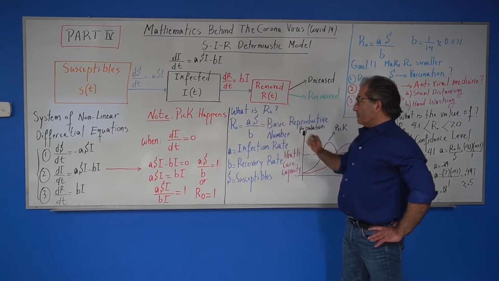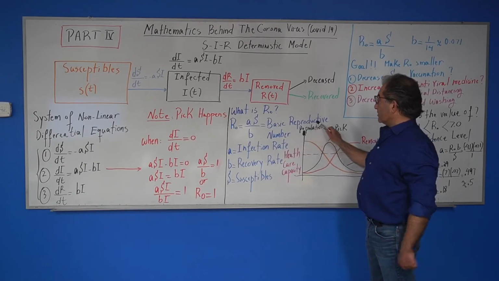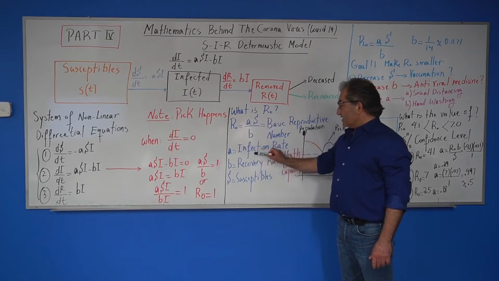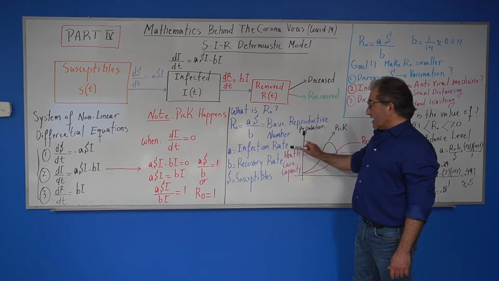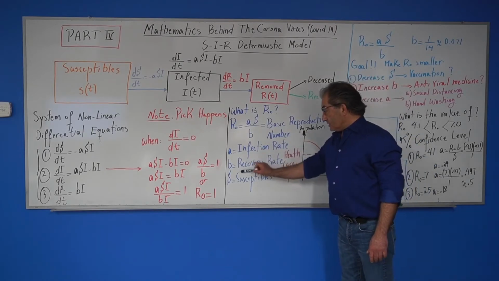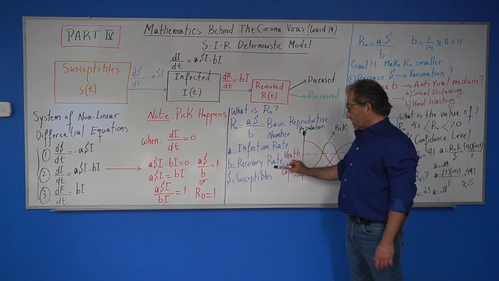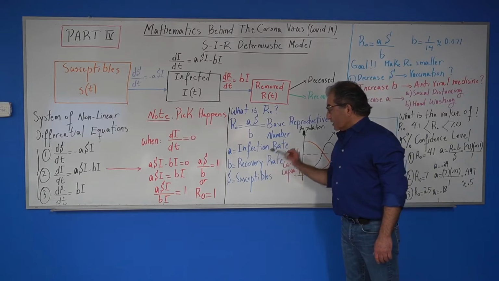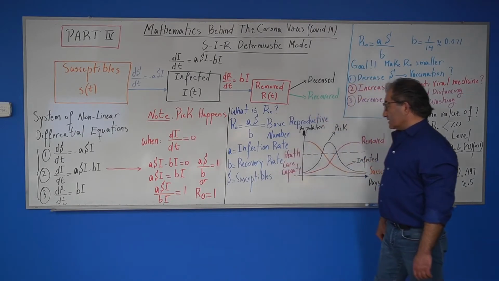That's the formula for R naught, and that's called the basic reproductive number. In here, A is the infection rate. I talked about it in my last lecture. B is the recovery rate. I talked about that one also in my last lecture. Please take a look at it. And S are the susceptibles.